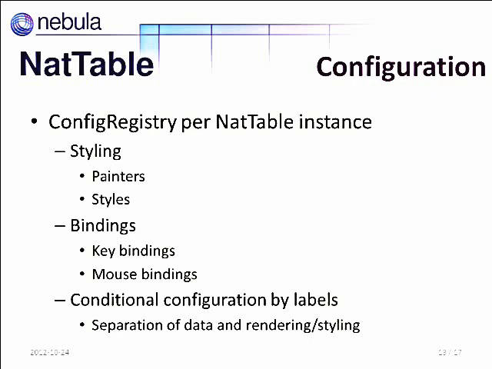So, for example, the blink layer example: when the update occurs from the back, there is a special label attached to the cell that is updated, telling, hey, this cell was updated, and this is immediately reflected by the NatTable by configuration. Yeah, there are several types of conditional configurations, and in my opinion, this is a really strong feature in NatTable.